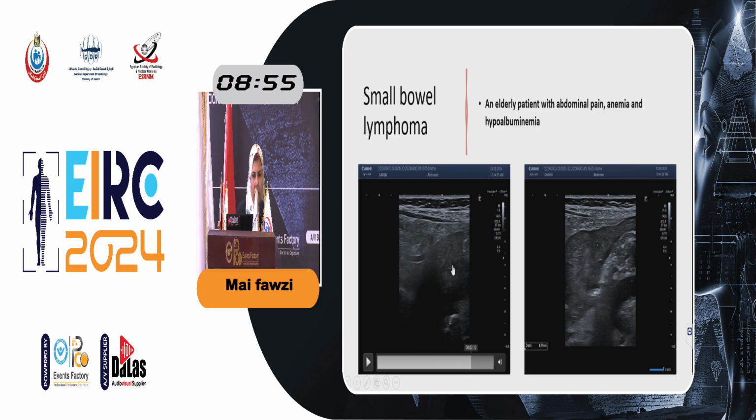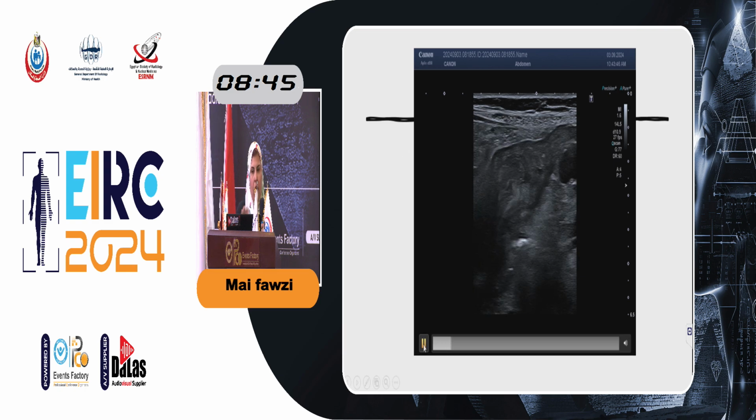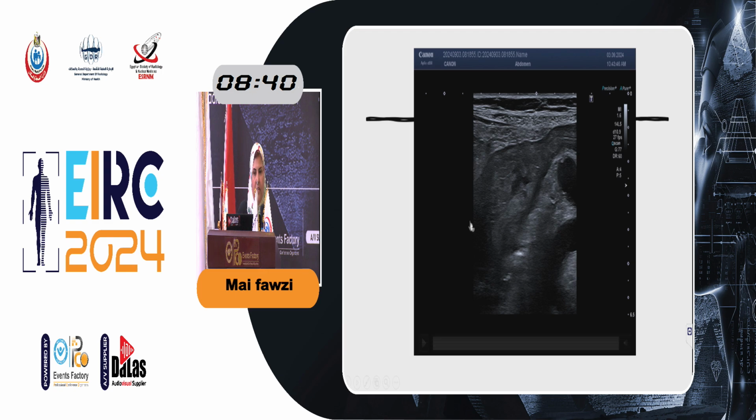And this patient has small bowel lymphoma, which is characteristic: hypoechoic, no stratification, markedly thickened bowel wall, and with good peristalsis, not IBD, which would not have such good peristalsis. See, the lumen is not narrowed.